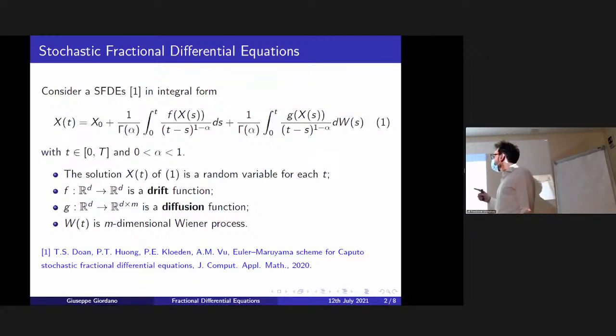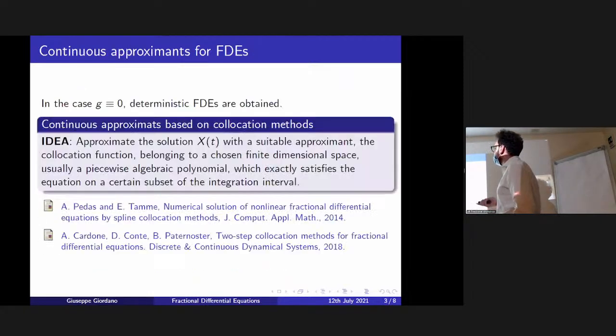It is important to note that the solution of a stochastic fractional differential equation is a random variable for each t. If g is equal to 0, a deterministic fractional differential equation is obtained.